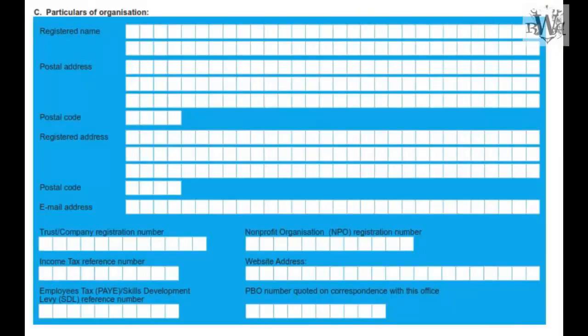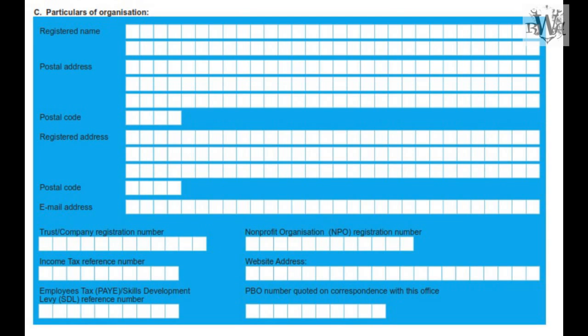The name of the organization, very important. The name must be consistent with the name in the founding document and the certificate of incorporation of the organization, and then also the registered address and the postal address of the organization.